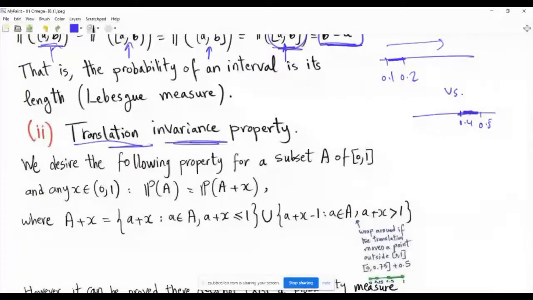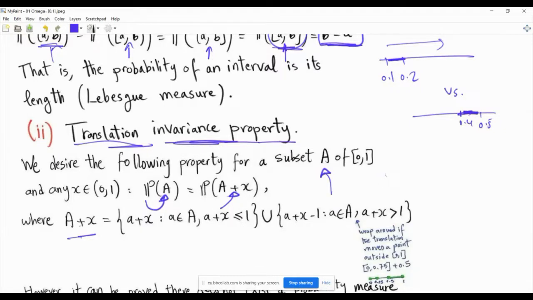We want the translation invariance property, which means that, let's suppose that we have a subset A of big omega, and let's assume that this subset is included in our sigma algebra. We want the probability assigned to A to be the same as the probability assigned to A plus X. And A plus X is defined as: you take each element in A and you add an X to it.